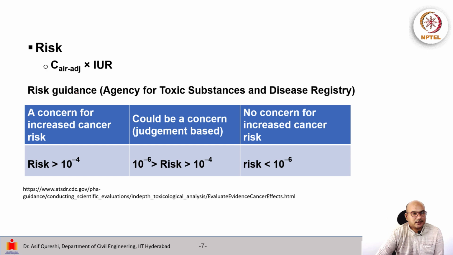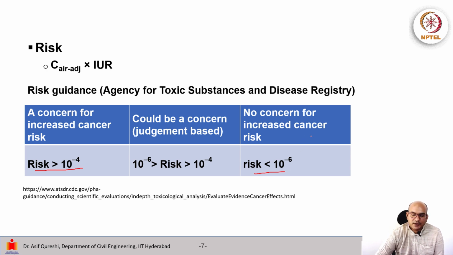The guidance again is like this: if the risk is more than 10 to the power minus 4, there is a concern for increased cancer risk. If the risk is less than 10 to the power minus 6, less than 1 person will develop cancer in 1 million people.